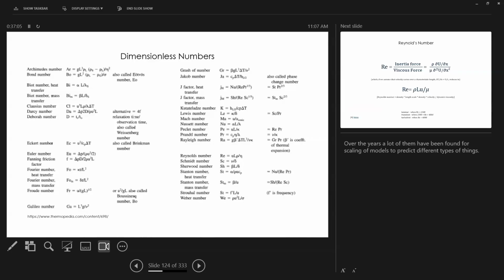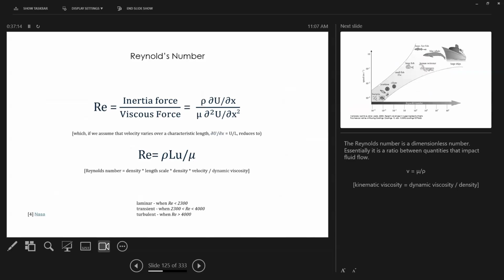So the one for wind, which is the one I'm most familiar with, is the Reynolds number. Essentially, it's the size of the model times the speed, a parameter that you can set so you can measure certain characteristics. It's the density times the length scale. If I wanted to measure a giant boat and I have a model this big, this would be the length scale of the little model, and the boat would be its true length, times the speed.